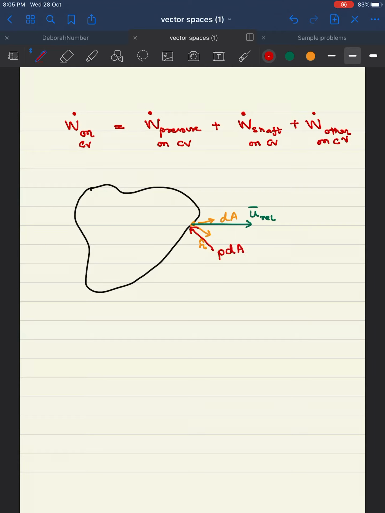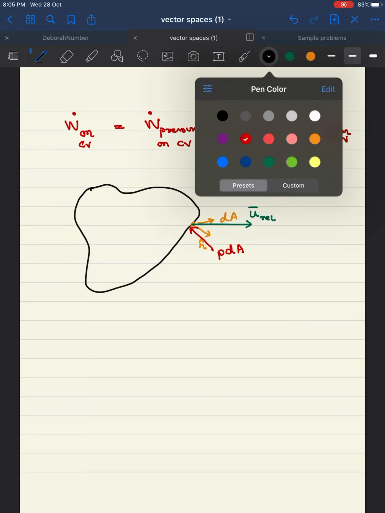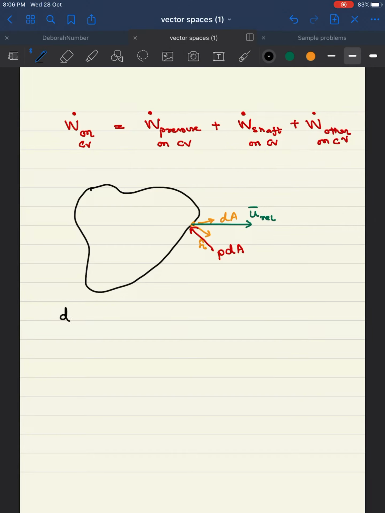So in a fluid, the normal force is given by P, so we have P dA, right? Okay, good. So now what is my work done then? So my work done due to pressure, and I'm not going to write on CV, we understand that, we have been discussing that for enough time now, is basically the force dotted with the relative velocity.